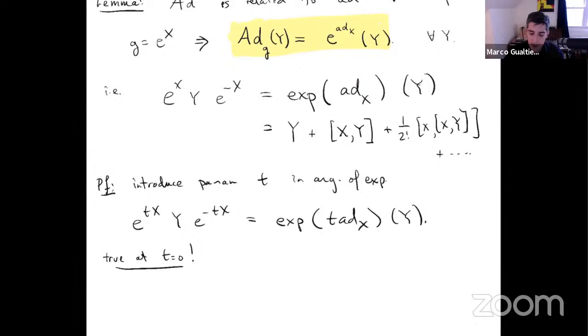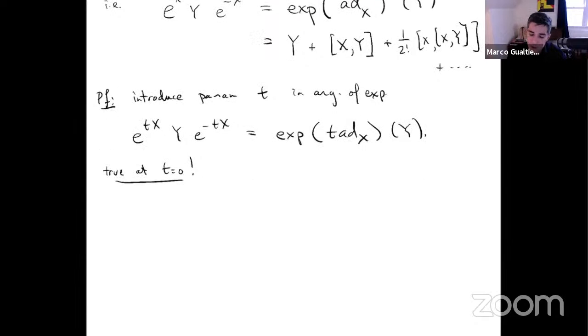The other thing is that this is a path of matrices. To show the left-hand side and the right-hand side are the same paths of matrices, let's compute the derivatives.